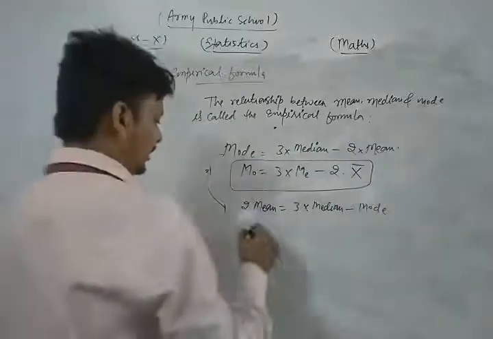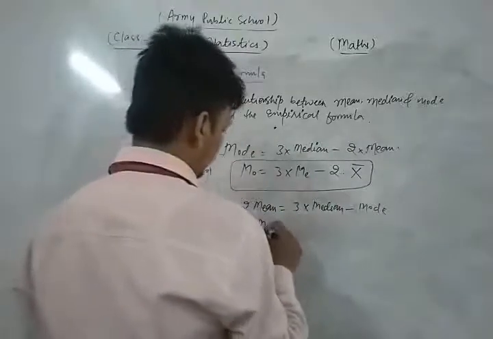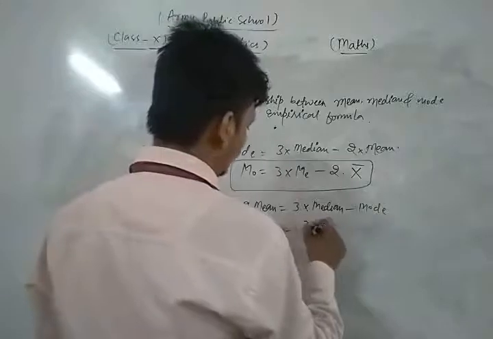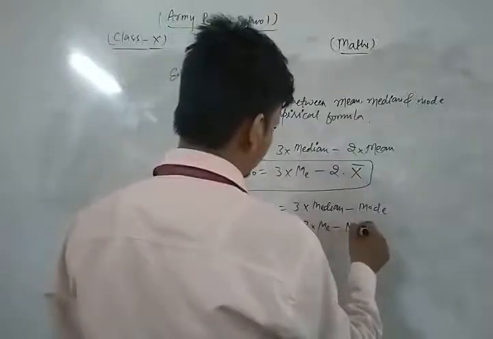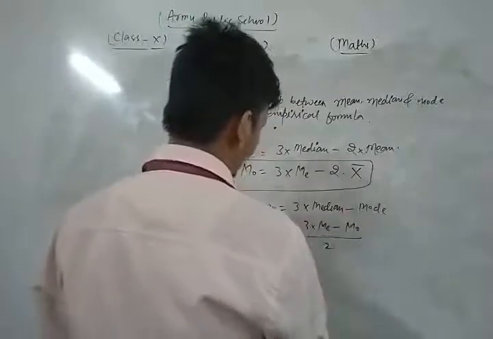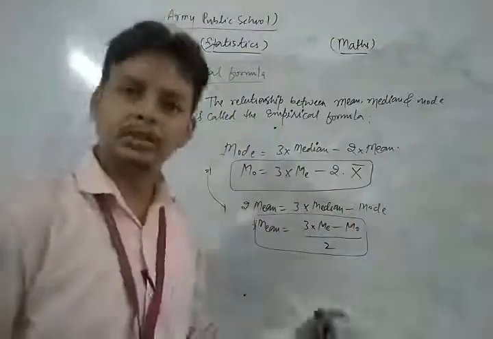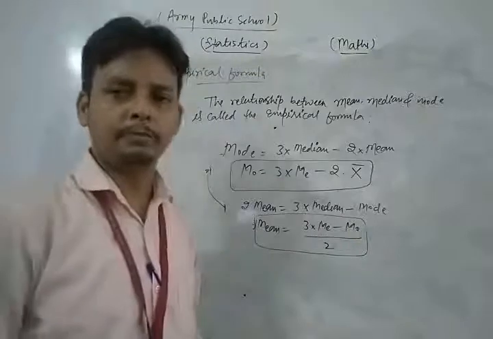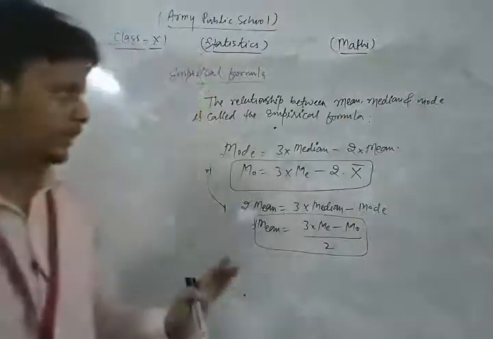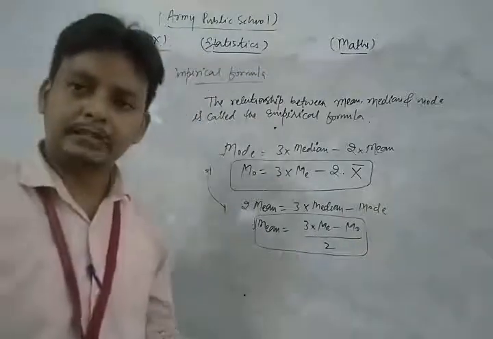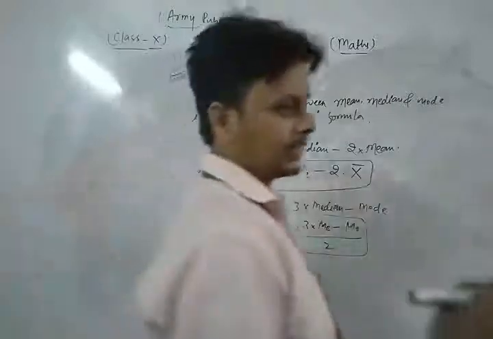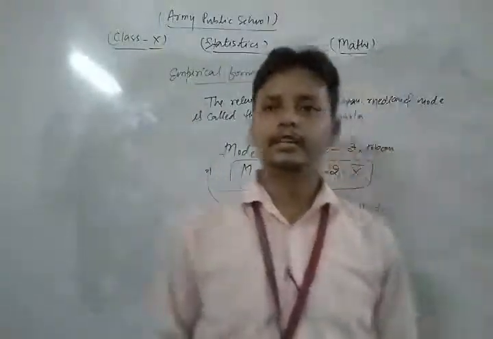So mean is equal to 3 into median minus mode, divided by 2. In this way you can find the mean of the given data by using this concept. So in this way we clear the concept of the empirical formula, which gives the relationship between mean, median and mode.